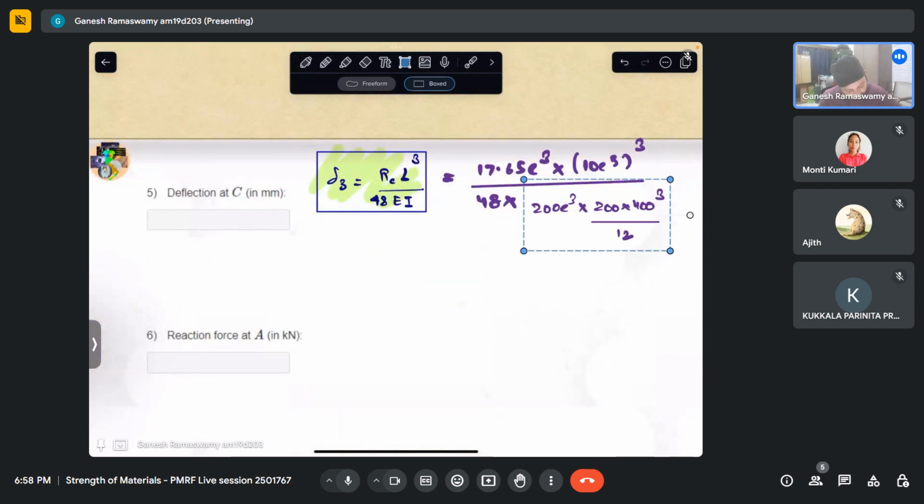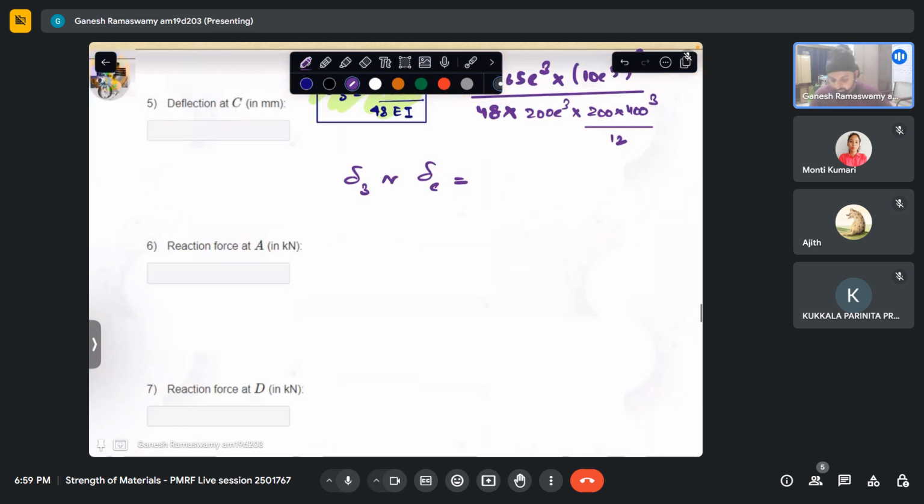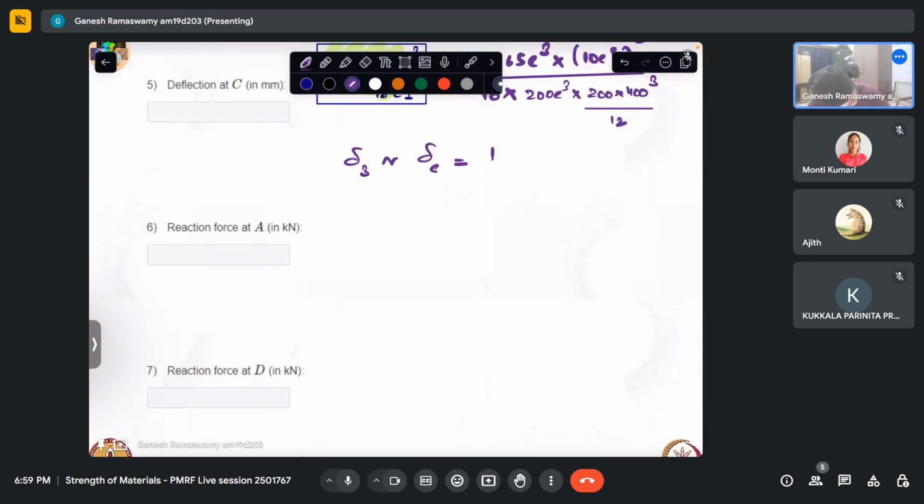So let us see what deflection at 3 or deflection at C, however we want to call it, comes out to be. So 48 into 200 E3, 200 into 400 cubed by 12 into 17.65 E3 into 10 E3 whole cube. So this comes out to be 1.723 or 1.724 mm.